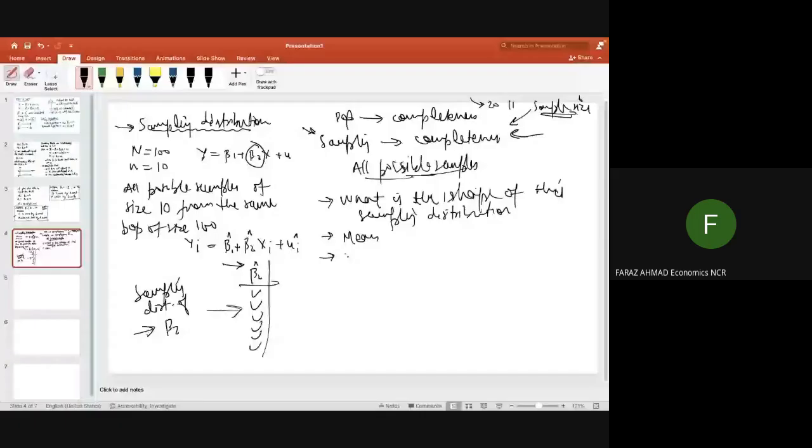We are interested in the shape, right? We are interested in the mean. We are interested in the variance, right? So we want to see it.